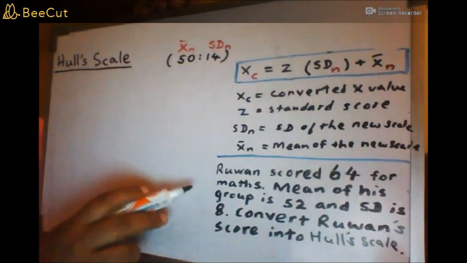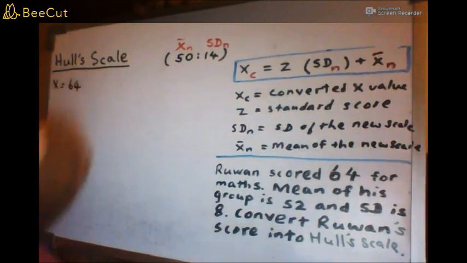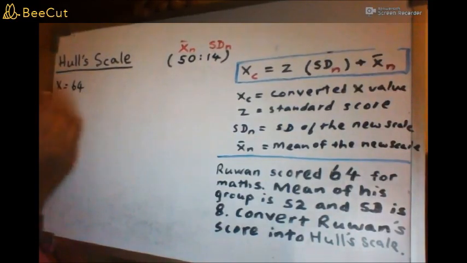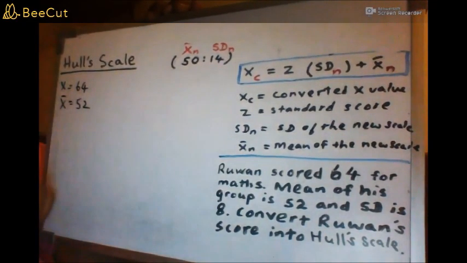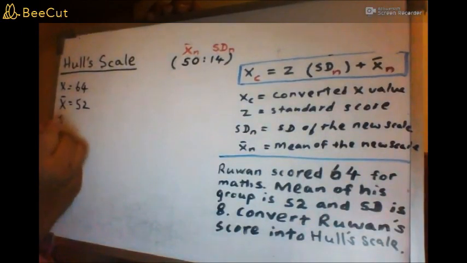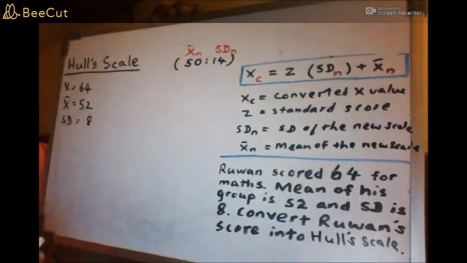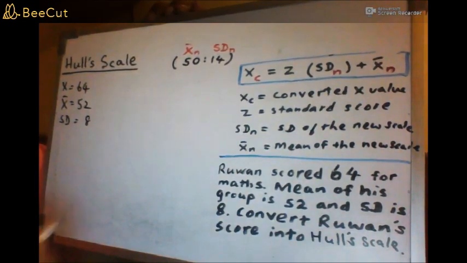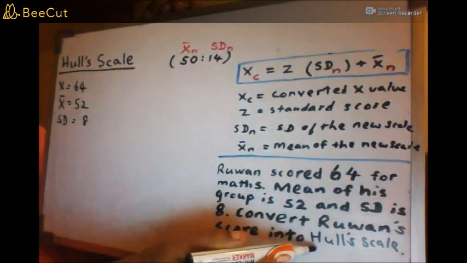Now the same question. Ruan scored 64 for maths. X equals 64, and mean x bar is 52. Standard deviation is 8. Convert Ruan's score into Hull's scale. Now we are going to convert his score into Hull's scale.